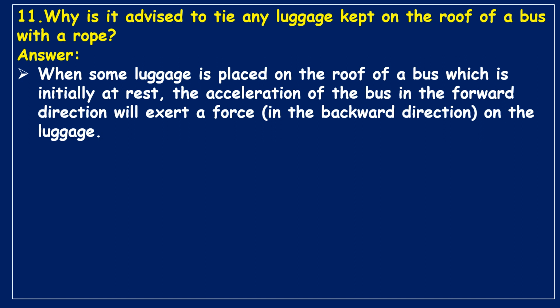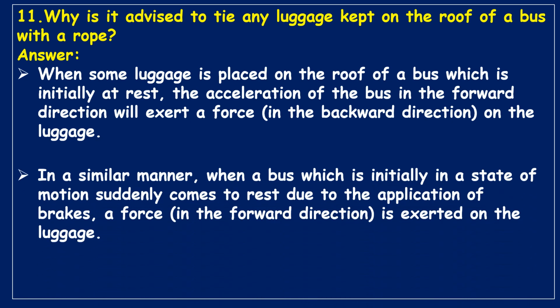When the bus moves forward, the luggage moves backward and falls down. To avoid it falling from the roof of the bus, we have to tie it with a rope.